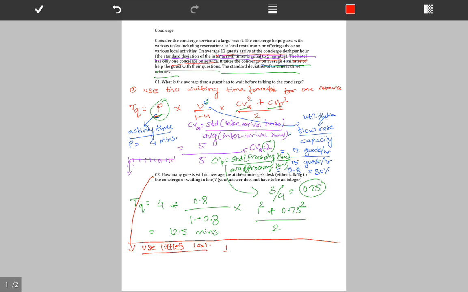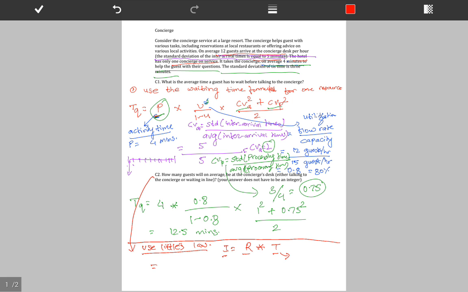Little's law says inventory I equals flow rate R multiplied by flow time T. We know the flow rate, we know the flow time. Obviously the question is asking for I, the inventory, the number of customers waiting or talking to the concierge. The flow time here is a little tricky.